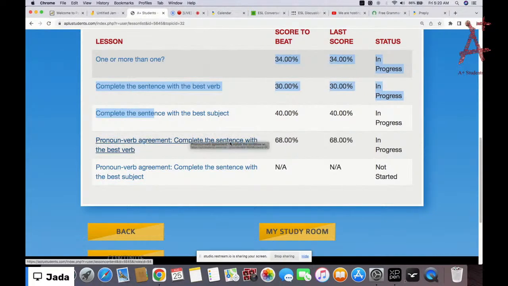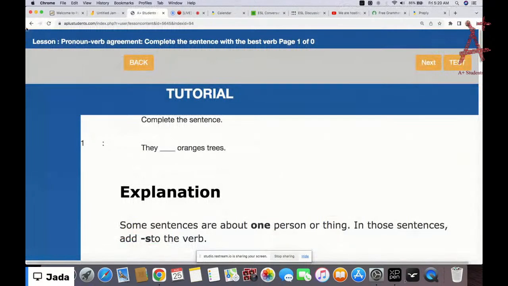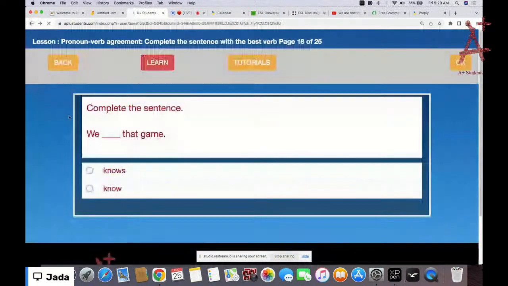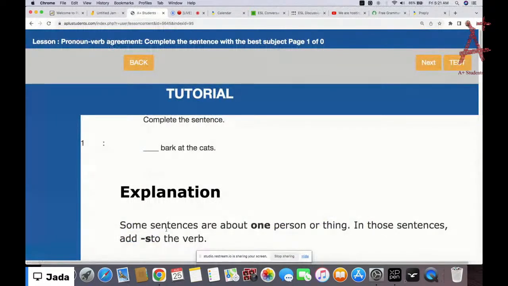The one we did was "complete the sentence with the best verb." Now we're going to do pronoun-verb agreement: complete the sentence with the best subject. When you want to find the best subject, you have to look at the verb.